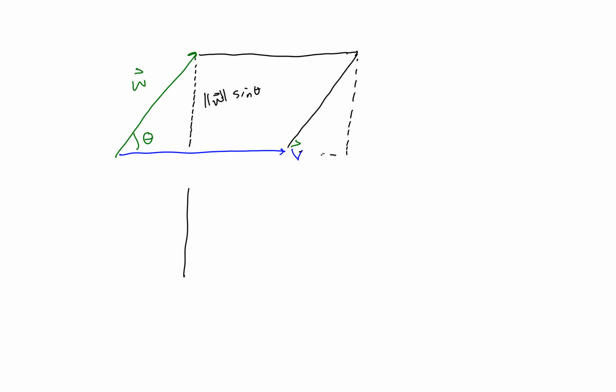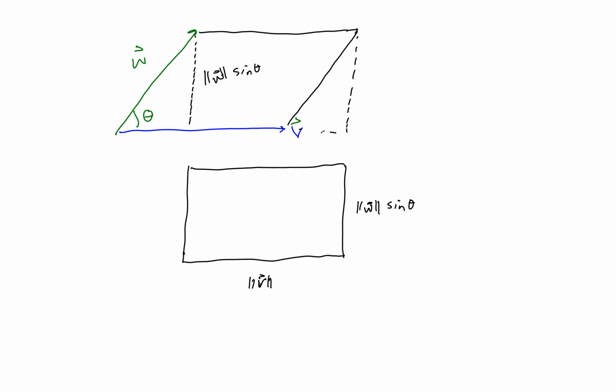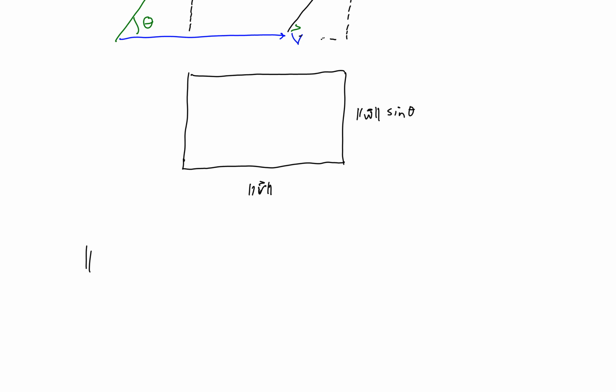And so if I think of just taking that parallelogram and kind of moving the left triangle over to the right, I get a side here that's magnitude of v, and the side here that's magnitude of w sine theta. So what that's telling me then is that this magnitude of v cross w gives me the area of the parallelogram spanned by v and w.